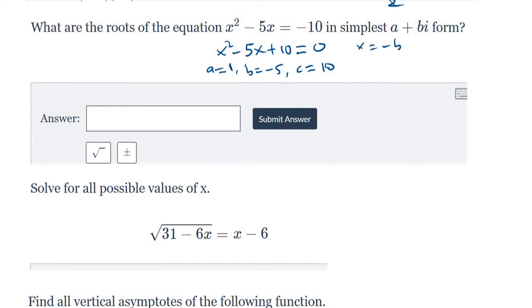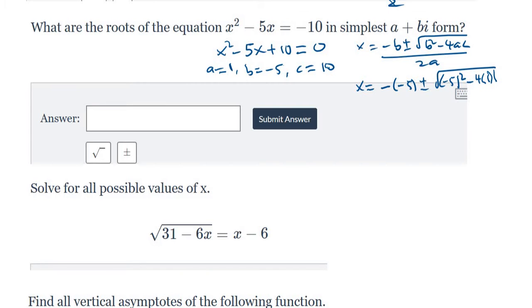So now we're going to plug it in. x equals -b plus minus square root b squared minus 4ac all over 2a. So it will be x equals -5, all right, plus minus the square root of -5 squared minus 4 times 1 times 10.